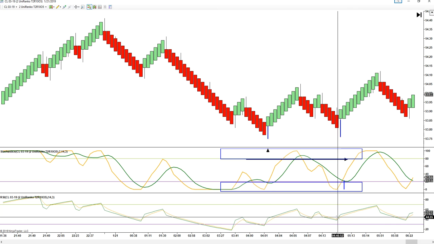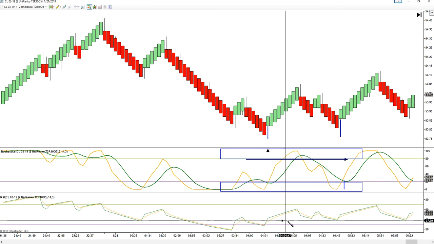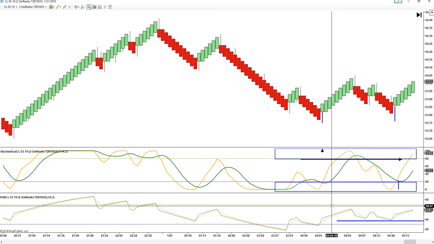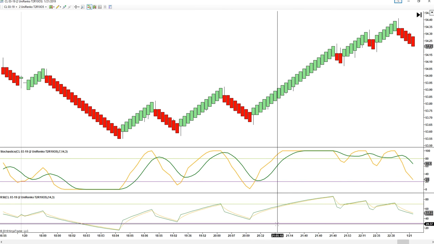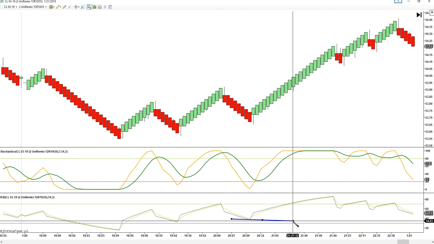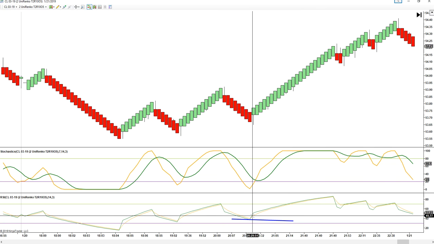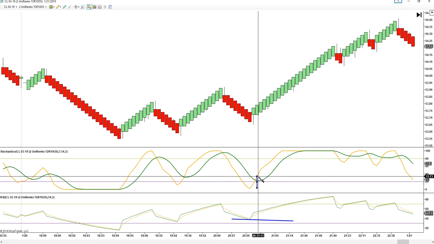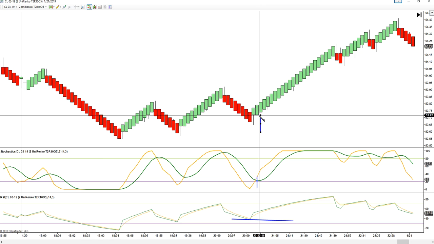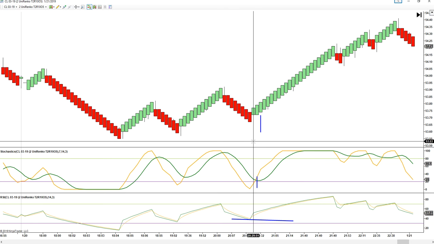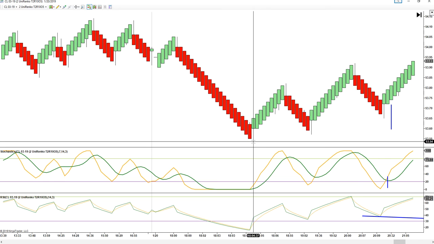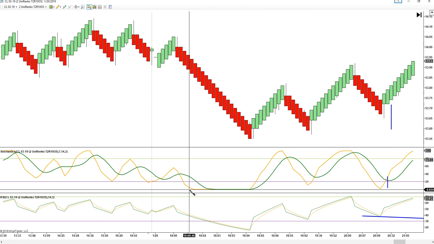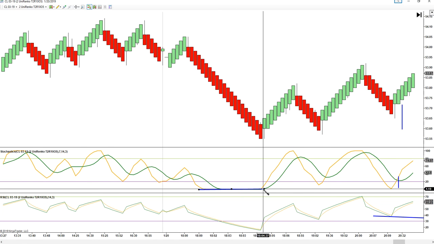RSI, or relative strength, gives you nothing. Over here, again, RSI, ineffective, stochastic gets you in right about here. And you can see here's where the market's locked down, telling you that the bears are firmly in control.